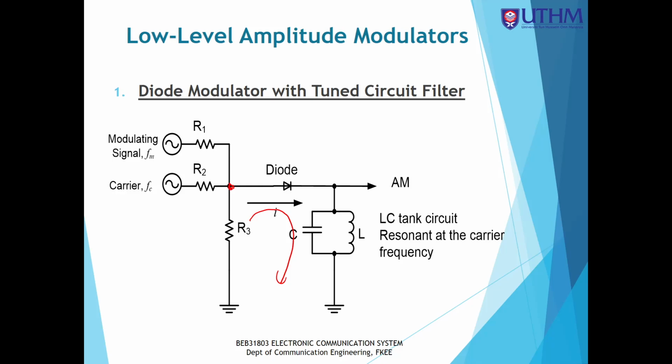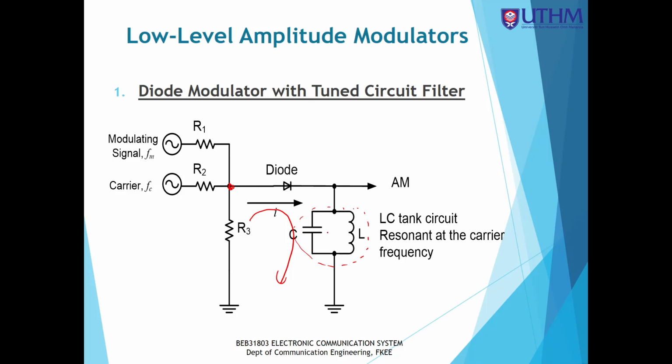During the forward bias, current will flow in these directions, and it will also charge the LC tank circuit. This LC tank circuit is like a fast charging battery.